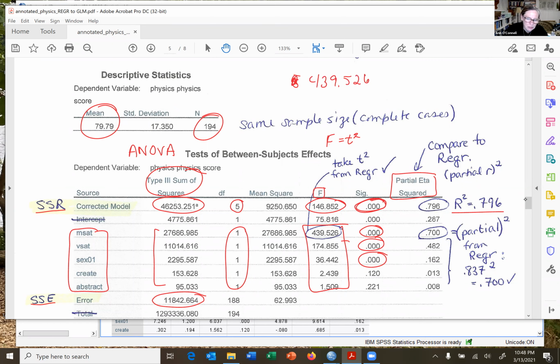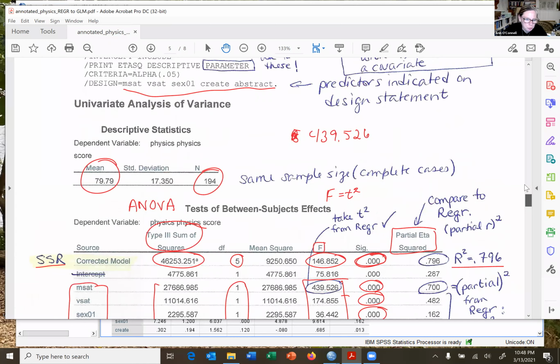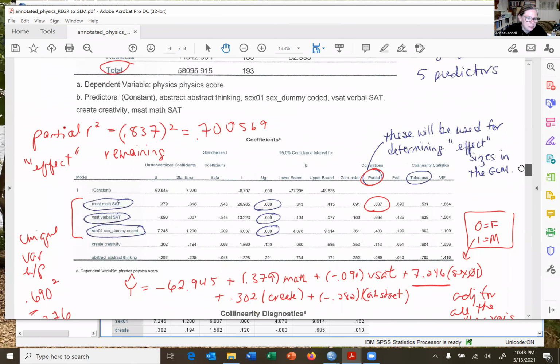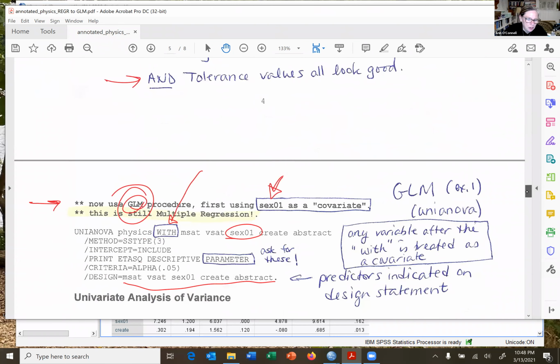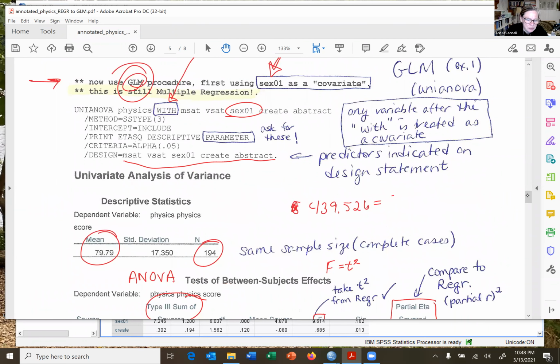I want to see how I can duplicate that from the regression t statistic. So that's a 20.965. If I take that t statistic and square it, I'll get that 439.526. So we can just do that out quickly just to verify. 20.965 squared gives me 439.53. So with rounding, it's coming out exactly the same.